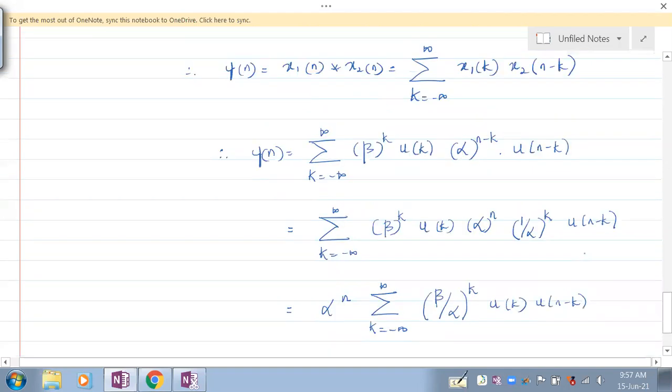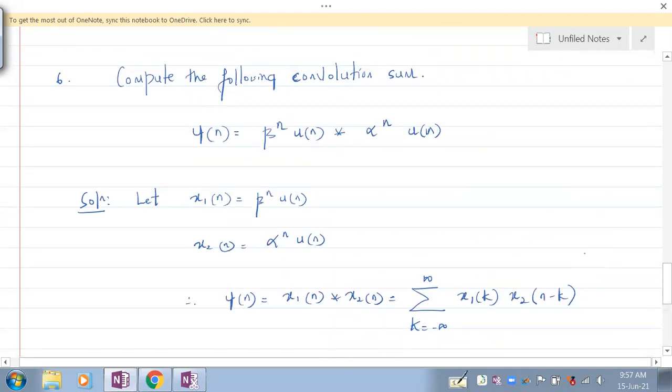Understand? And one more thing that we forgot to say here is beta is also less than 1 and alpha is also less than 1. Because if you don't know the values of beta and alpha, they are exponentials, right? We'll not be able to make out what this exponential is going to be.